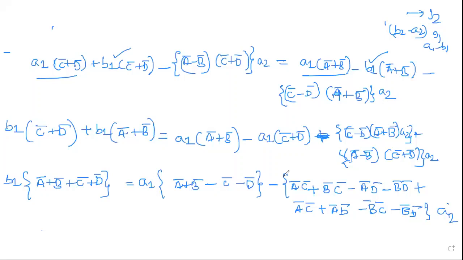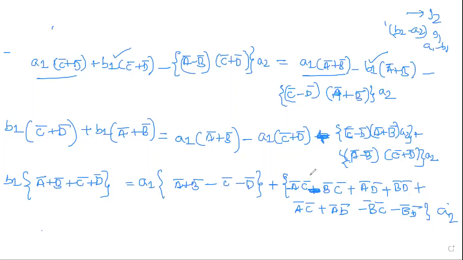Now here this negative has to be multiplied or else your answer will be wrong. So minus your A bar C bar, you can just multiply those terms inside. So it will be minus A bar C bar, and you will have here also this will be negative. I'm multiplying this negative to here so that the negative, it will become plus. So this will be plus, this will be plus.